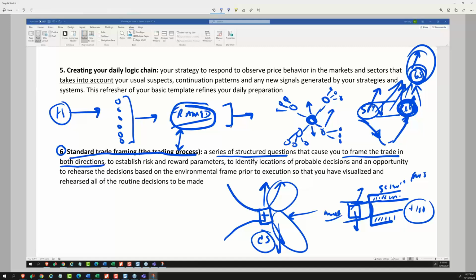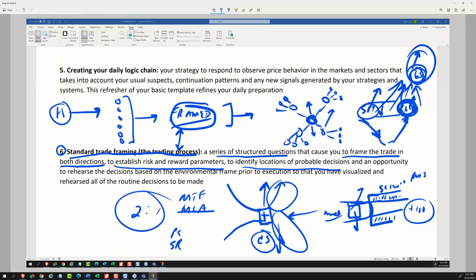So that standard trade frame then makes us ready to trade in both directions, to establish risk and reward parameters, minimum 2-to-1, to identify the locations of probable decisions, and that comes from the multi-time frame, multi-lens analysis, where we look at, among other things, support and resistance, pinch and stretch, RLCO patterns.